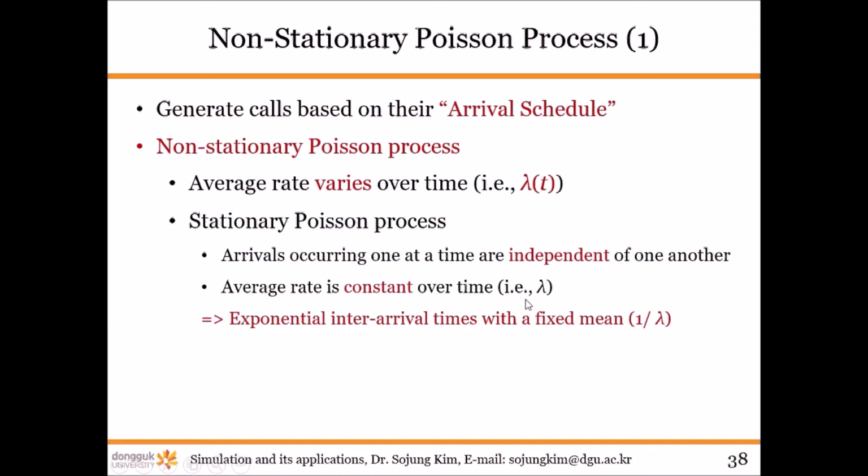If the arrival rate follows the Poisson process, the interval time between the entities should follow an exponential distribution, with the fixed mean of 1 over lambda. However, for the non-stationary Poisson process, we cannot use this Poisson process property.